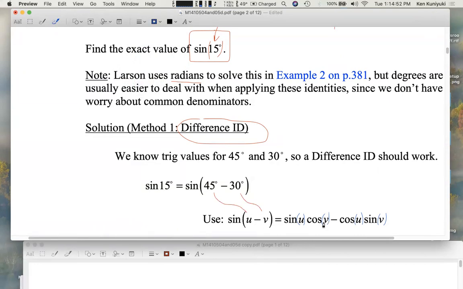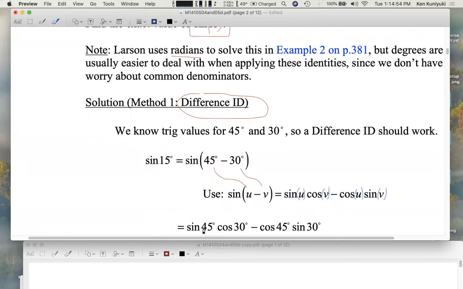So let's apply this difference identity. Again, sine of u minus v equals sine of u, 45 degrees, times cosine of v, 30 degrees, minus cosine of u, 45 degrees, sine of v, 30 degrees. And hopefully you won't need a calculator for these. In fact, you should write down exact values anyway.